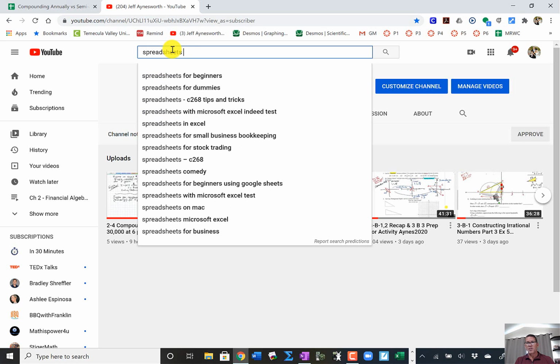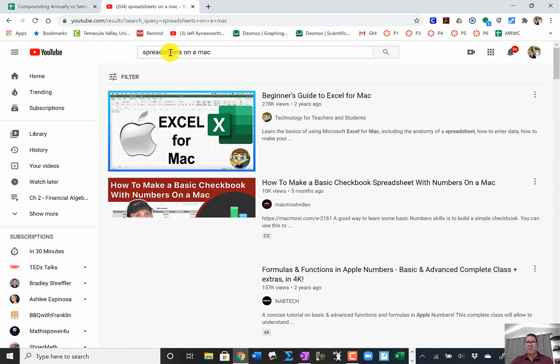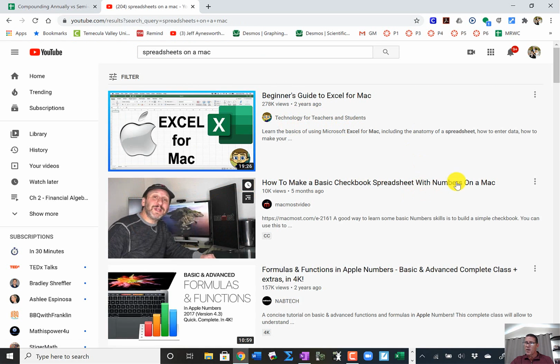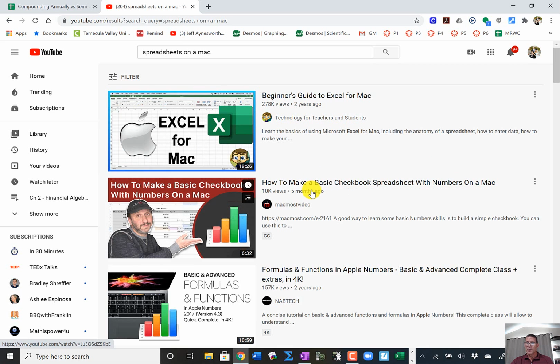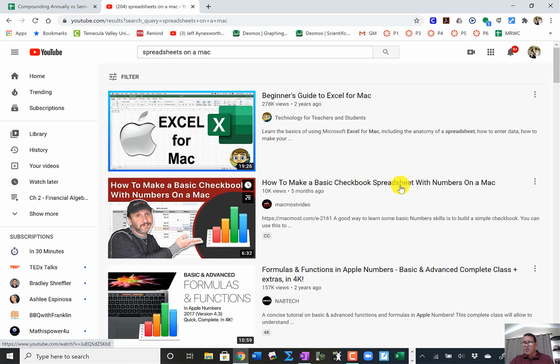Here, spreadsheets on a Mac. Okay, now watch this. So a bunch of stuff's gonna appear. Okay, and then here we go. This one right here. This is fairly recent, so this might be a good one here. I don't know who these dudes are, but it says how to make a basic checkbook spreadsheet using Numbers on a Mac. Numbers is the program on a Mac.